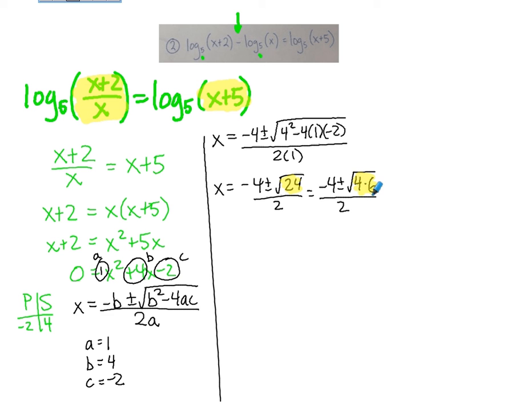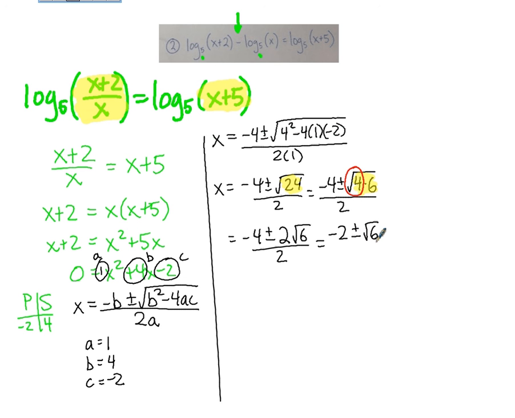Now, the beauty is, I have this square root of 4 right here, so that just becomes a 2. That's why I factored the 24 as 4 times 6, because I knew 4 was a square number. So we've got square root 6 all over 2. Now we can divide both terms of the numerator by 2, which gives us negative 2 plus or minus the square root of 6.